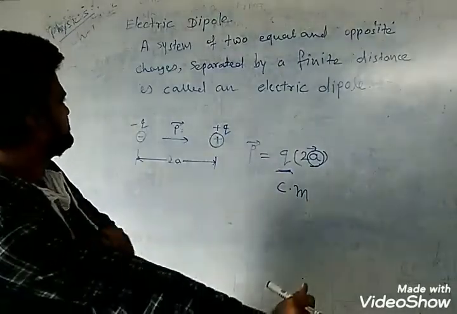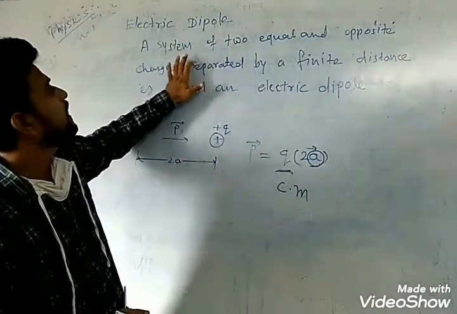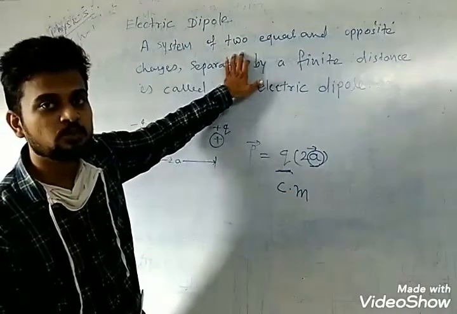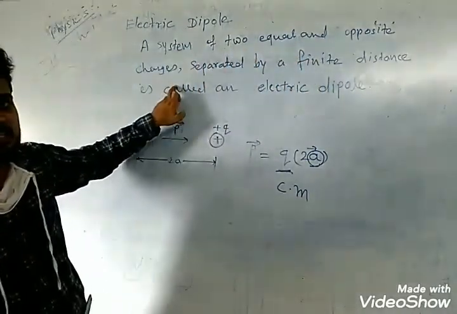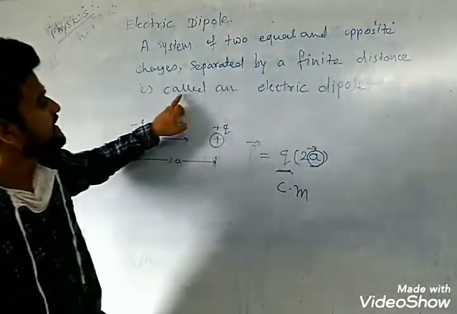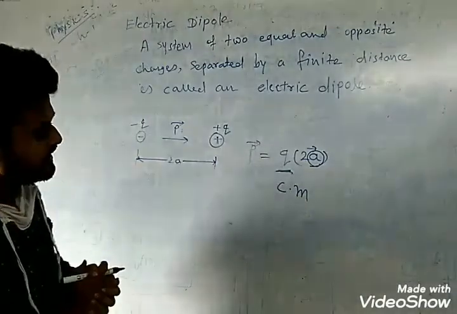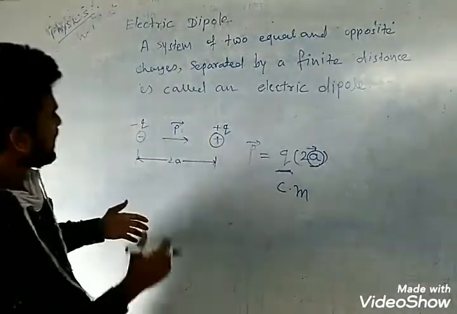Electric dipole. Definition of electric dipole: a system of two equal and opposite charges separated by a finite distance is called an electric dipole.